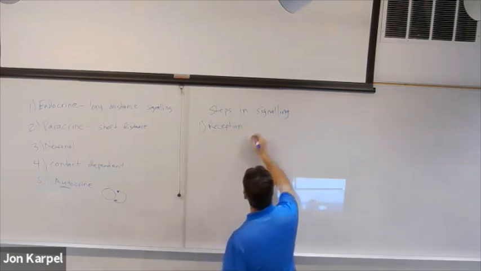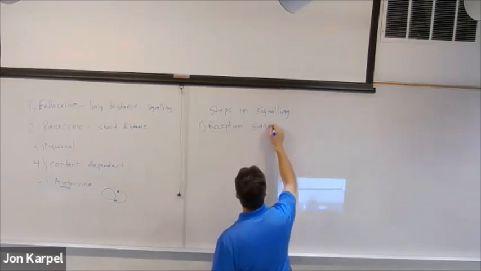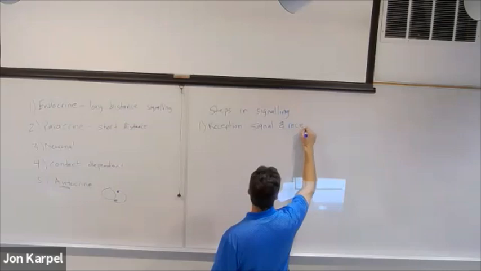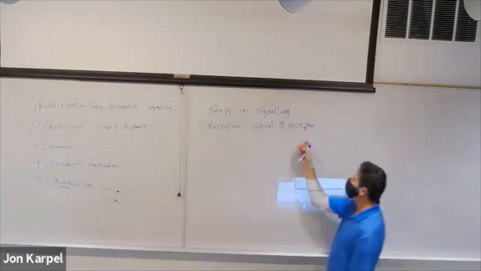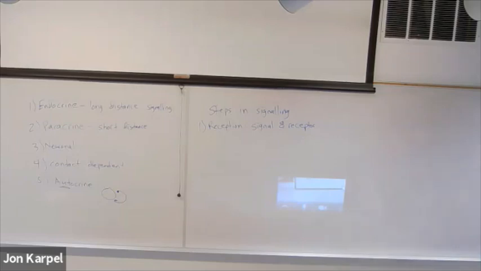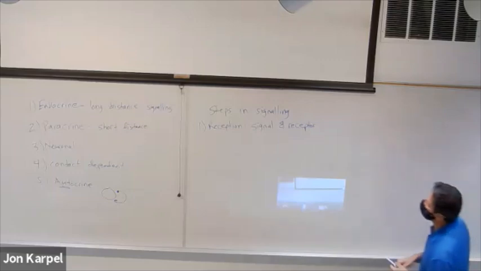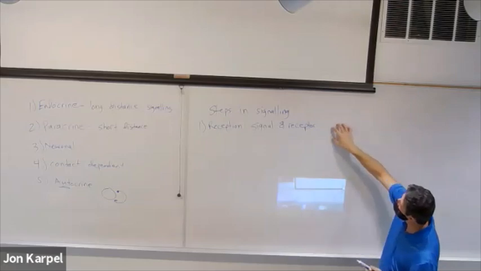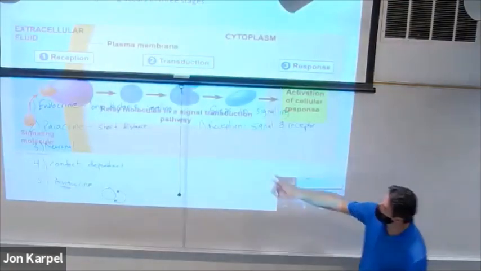And in order to have that, you have to have the signal and the receptor, don't you? So not all cells will have that receptor. And so those cells will or will not respond to that signal, whatever it is. So reception requires both. You have to have the signal and the correct receptor coming together to start the process. If you're missing one or the other, you don't want to start it. That's not a good thing to do. Okay? So reception is the first one.